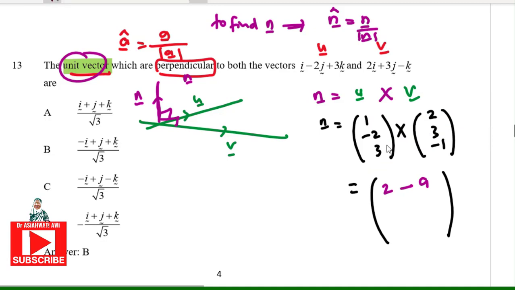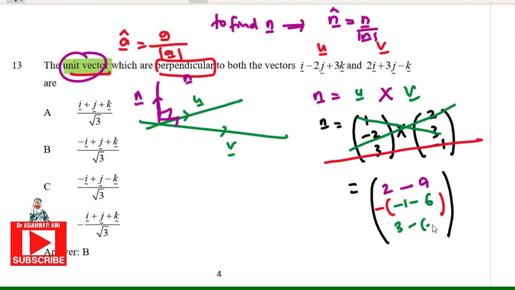The second, cancel the component J, with a negative sign: 1 times negative 1 is negative 1, minus 3 times 2. Next, cancel component K: 1 times 3 is 3, minus negative 2 times 2, which is negative 4.